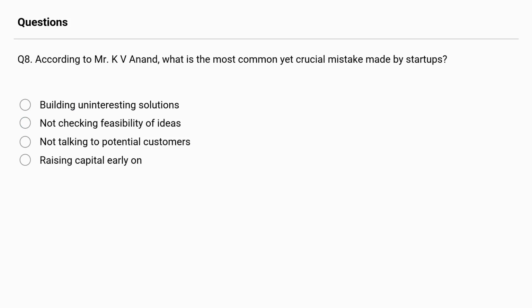All right. Now comes your question number 8. According to Mr. Kaviana, what is the most common yet crucial mistake by the startups? Building uninteresting solutions, not checking the feasibility of the ideas, not talking to potential customers, and raising capital early on.